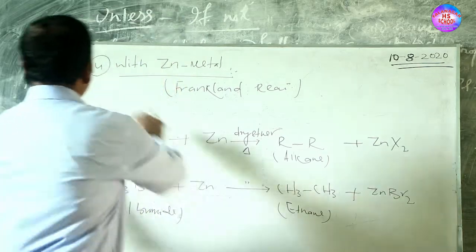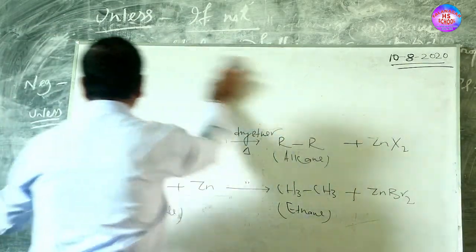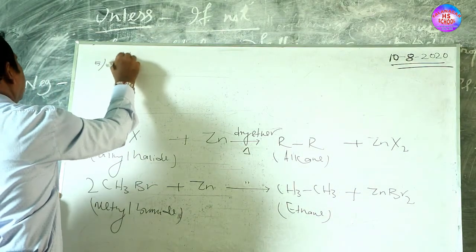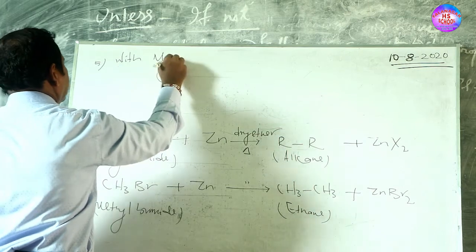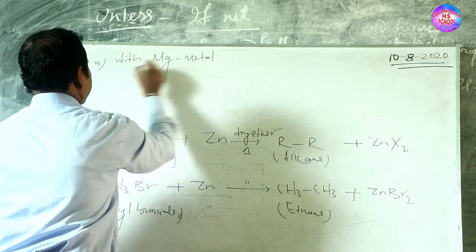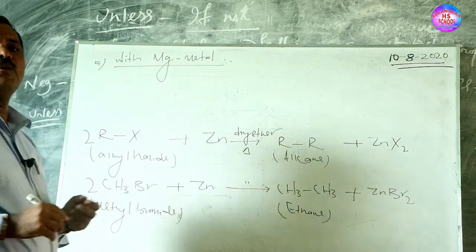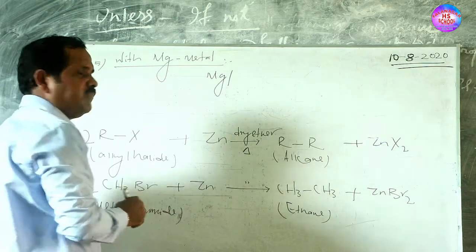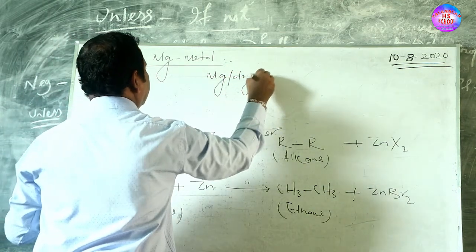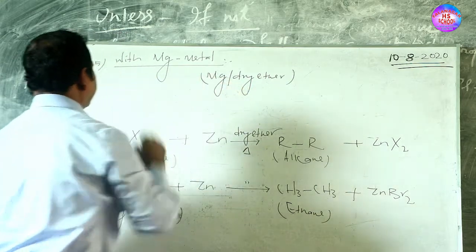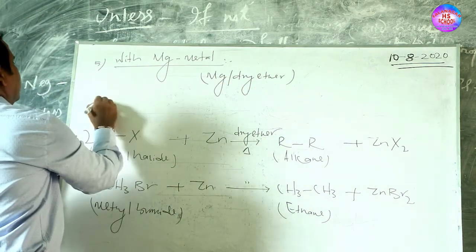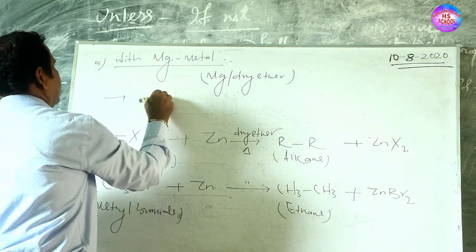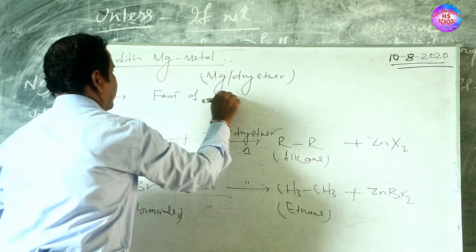And number 5, with magnesium metal in presence of dry ether. It is also called the formation of Grignard's reagent.